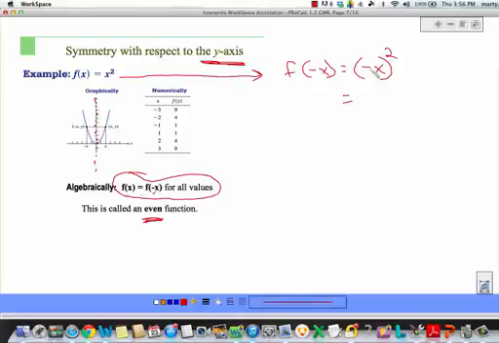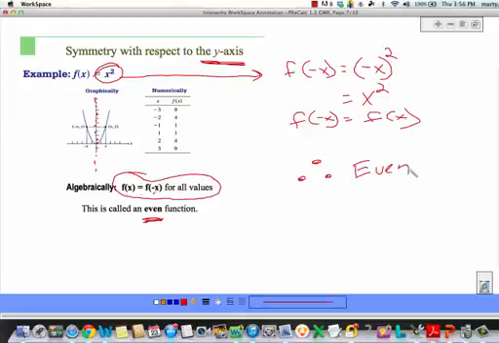And now when I simplify, a negative x squared, when you square a negative, you get a positive. And lo and behold, when I change it to a negative, I get exactly the same thing. Therefore, f of negative x is equal to f of x, and thus we have an even function.